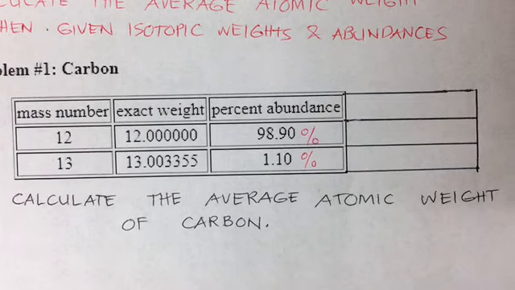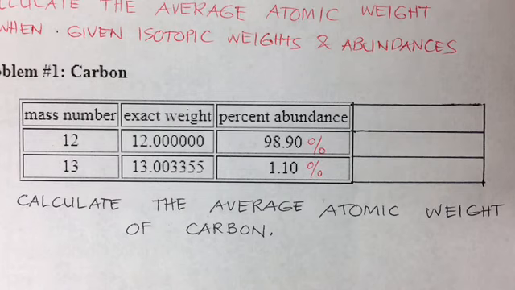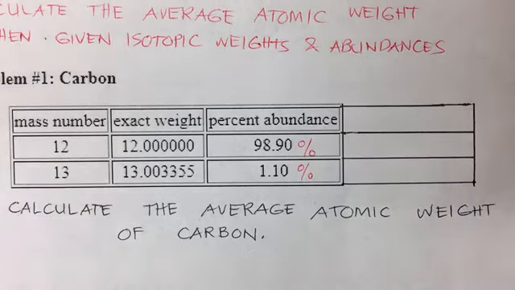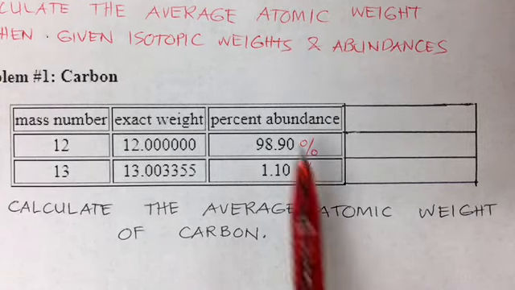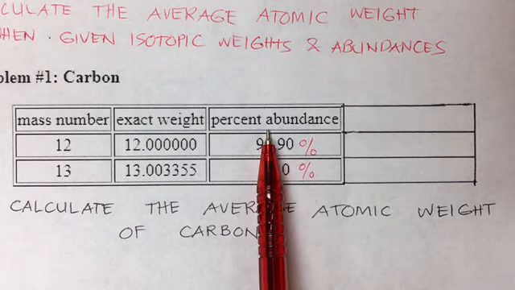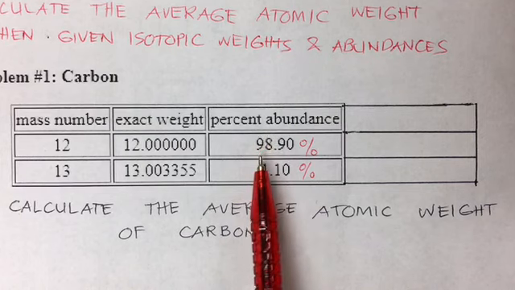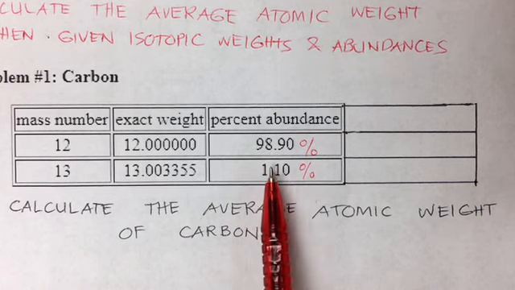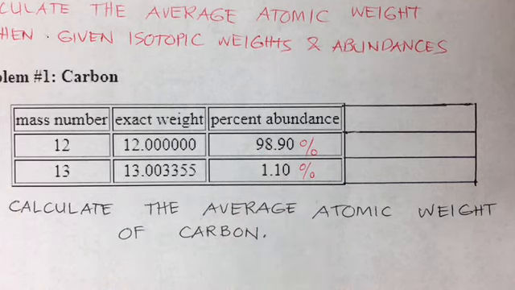So how do we now calculate for the average atomic weight of the element carbon? Please take note of the step-by-step procedure that we're going to do so we can calculate accurately the average atomic weight. The first thing we need to do is express our percent abundance in decimal. The way to do that is we divide each percent abundance by 100.